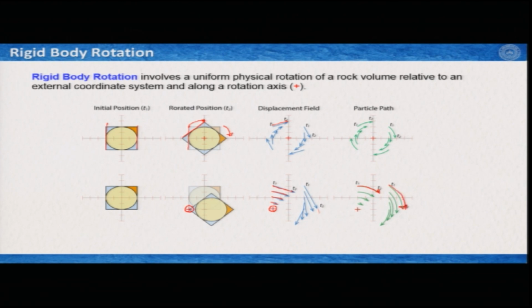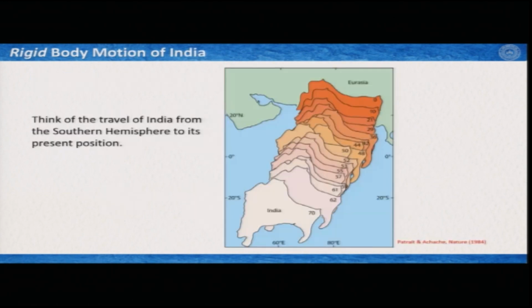Now, if we consider what could be the examples of rigid body translation and rigid body rotation, I would request you to think of the great movement or great travel of our Indian plate from the southern hemisphere to where it is now.